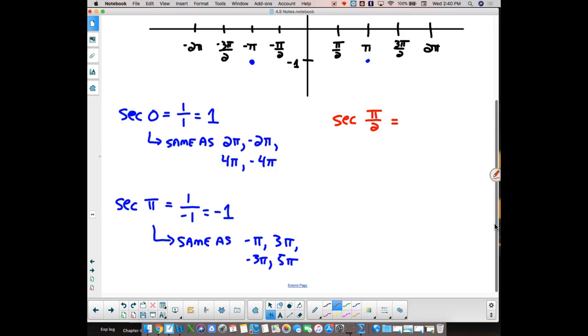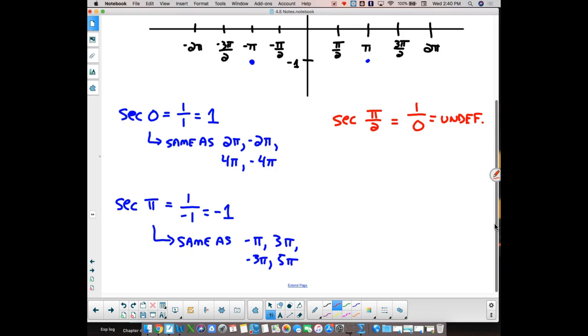What is the secant at pi over 2? Undefined. 1 divided by 0, right? The cosine at pi over 2 is 0, so this is 1 over 0, which is undefined. Agree?